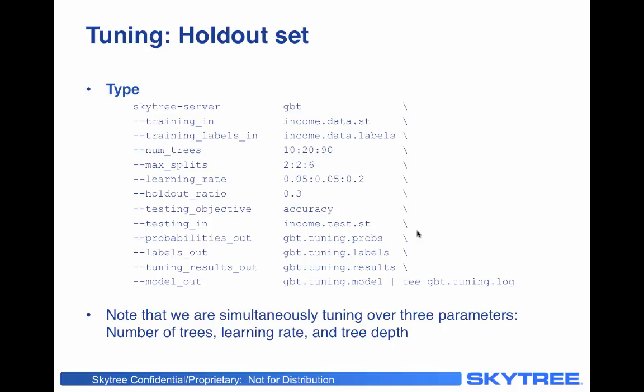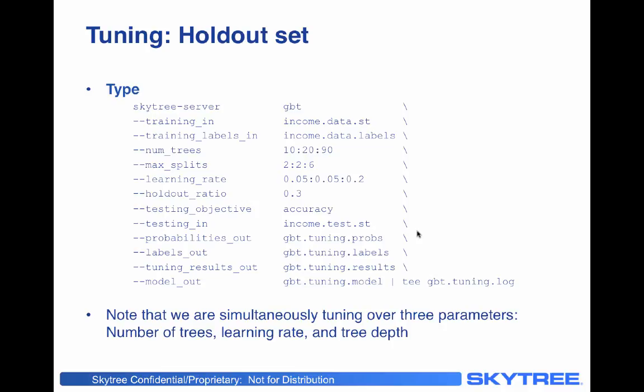It's also important to note that while doing the tuning, the training is done only by using the 70% of the data set and evaluation is done by using the 30% of the data set. But once the best parameter combination is found, Skytree is going to use the full training data set to train the model using that best combination. And the predictions for the test set are going to be done by using this final model that's trained on the full data set.